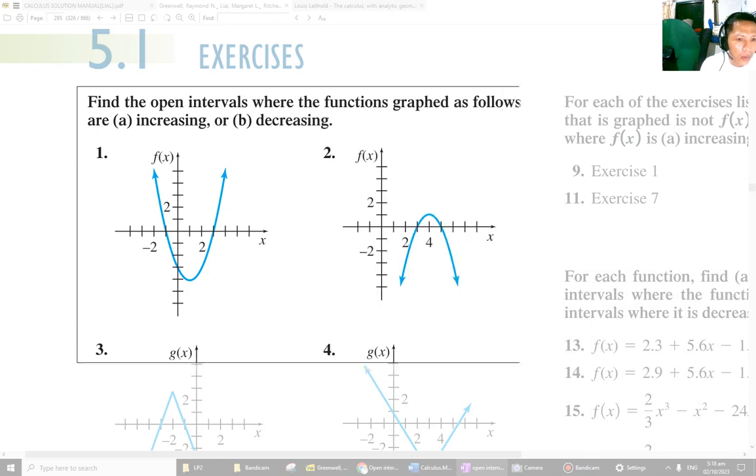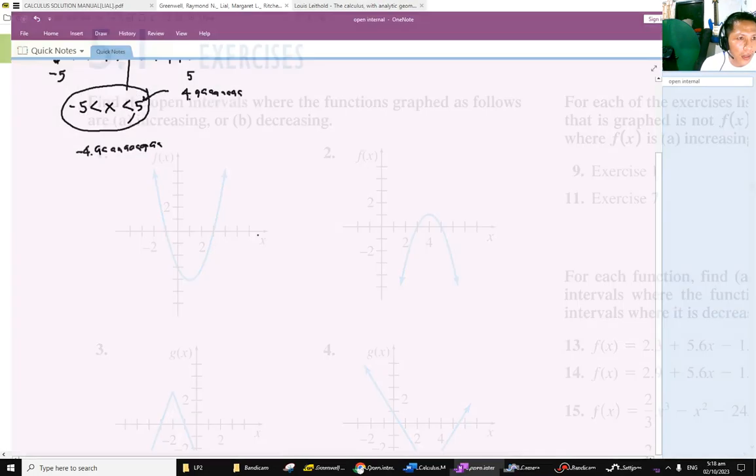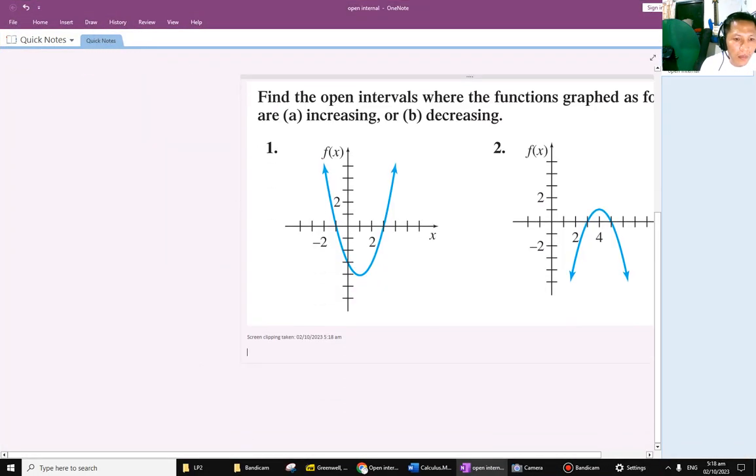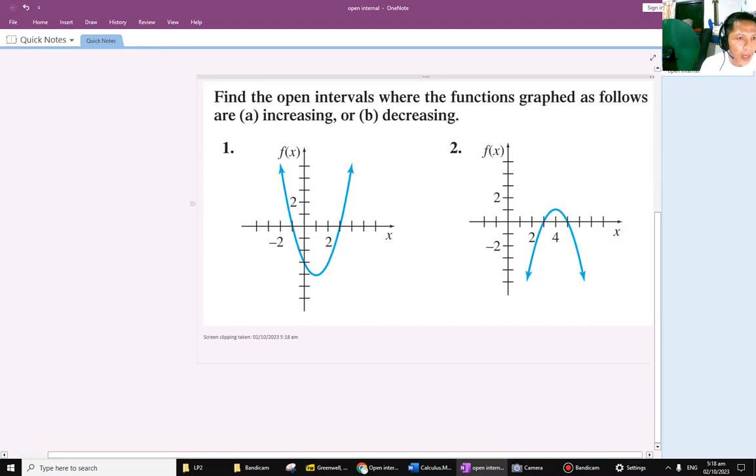I'll try to copy this first so that I can answer. So your problem is you have to find open intervals where the function's graph is increasing and decreasing.